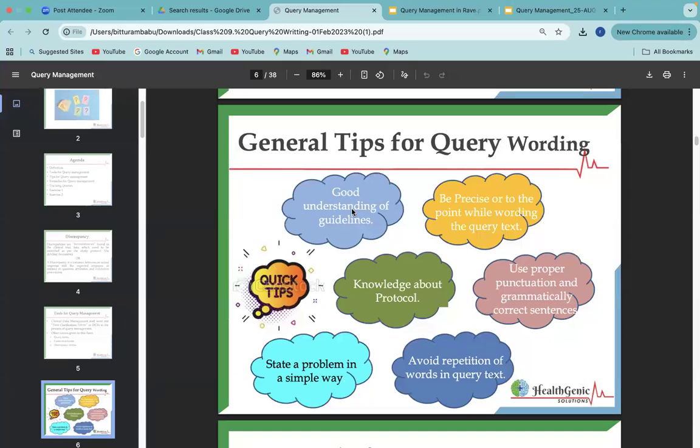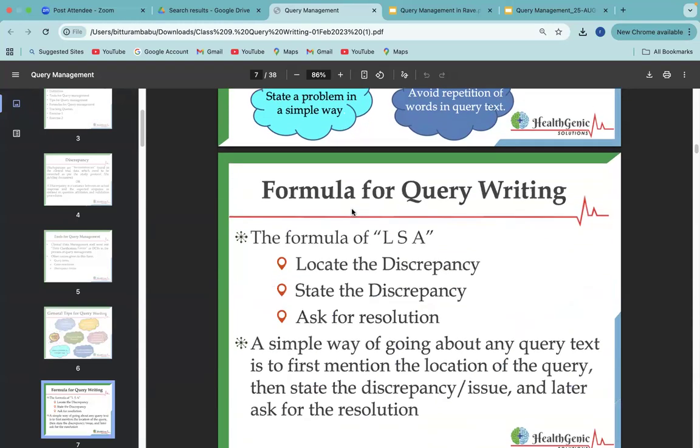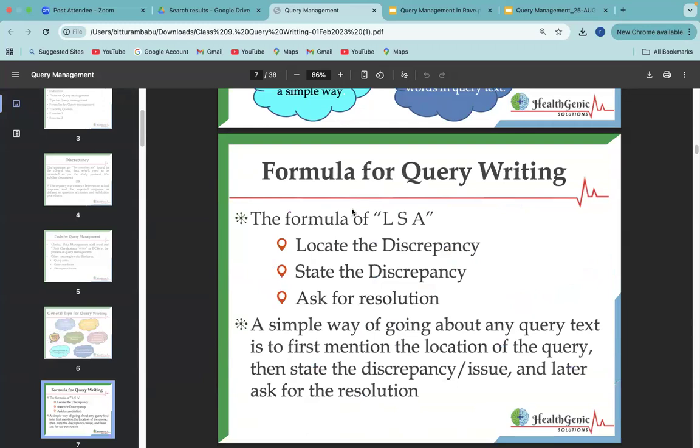Every issue should be explained in a simple way. So these are the general tips for query writing. There are three formulas, LSA: locate the discrepancy, state the discrepancy, ask for the resolution. Let's say you have a doubt on discrepancy management that we discussed. How would you ask? We discussed discrepancy management yesterday.